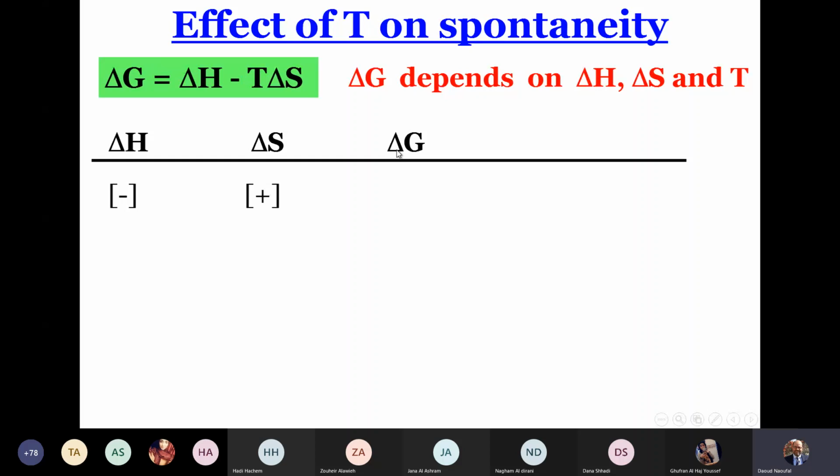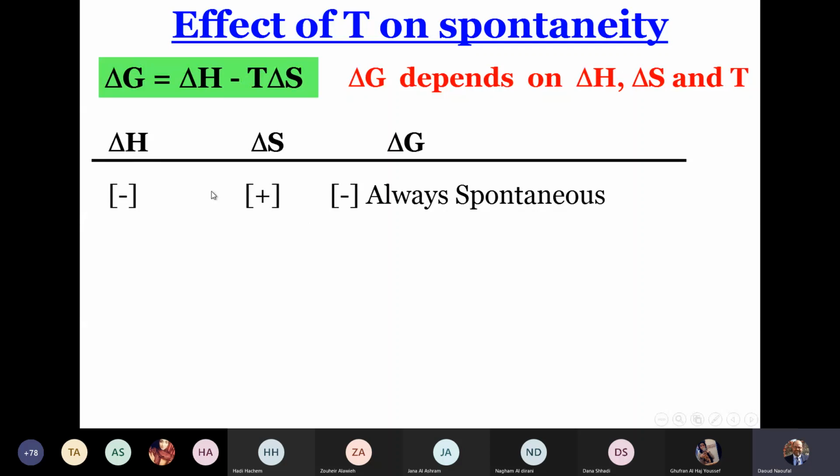So what is the sign of delta G? T is positive, delta S is positive, so T delta S is positive, minus T delta S is negative, and delta H is negative, so we obtain a reaction with delta G negative. So this reaction is spontaneous independent of the temperature.